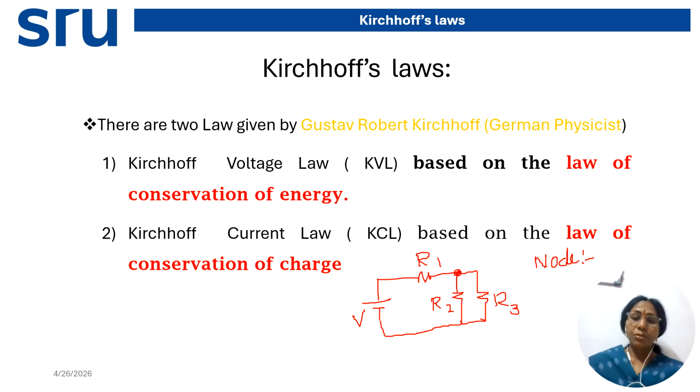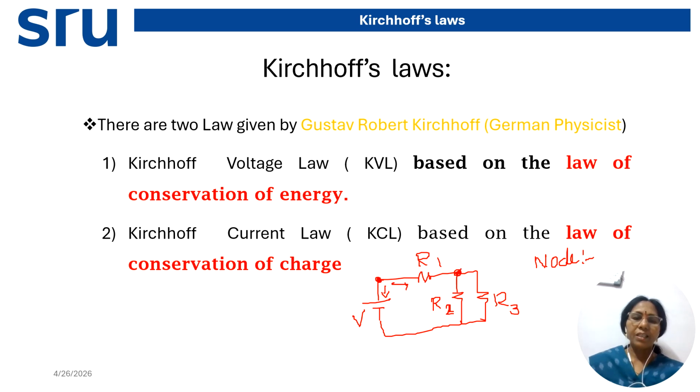So branch, again a new term. What is meant by branch? See here in this network, from this point to this point, it is a point where 2 elements are connected together. This line is said to be a branch, and R1 is another branch, R2 is one more branch, and R3. So we can divide this into 4 branches, and this is the point at which the voltage source and resistors are connected together.